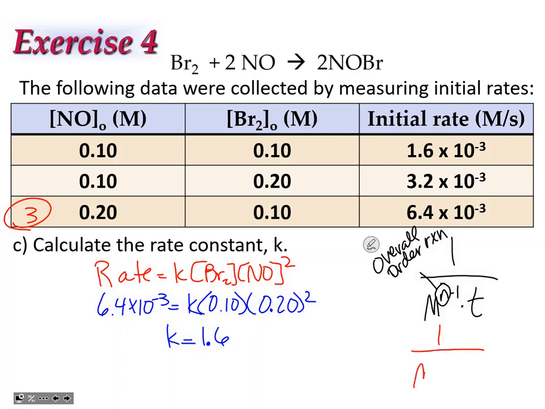So this is going to be 1 over M to the 3 minus 1 times our time, and it tells us seconds up there, so this is seconds. So our units should be M to the minus 2 times s to the minus 1. Or if you want to write it the fraction way, they will accept that. You could write it like this. Still acceptable. Either way, it will work.